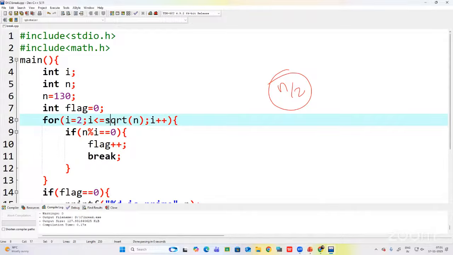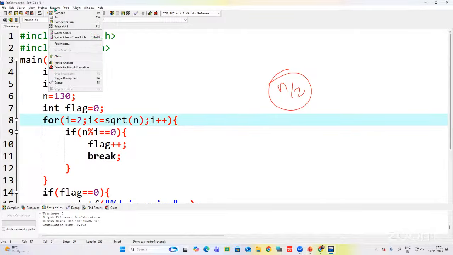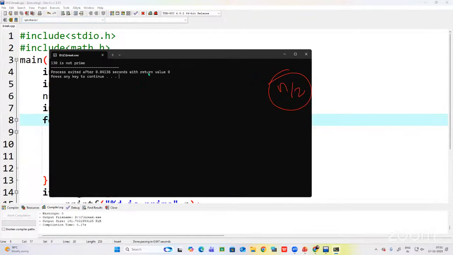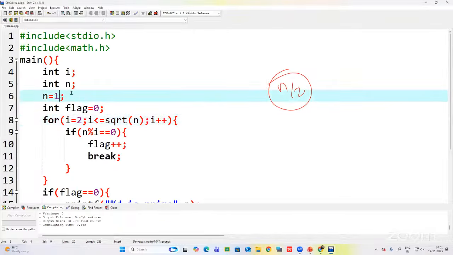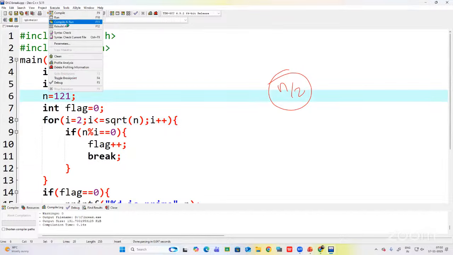Right? Instead of n by 2, I can also run this loop in just square root of n, and I can understand whether the given number is prime number or not. I'll completely give this to your own.